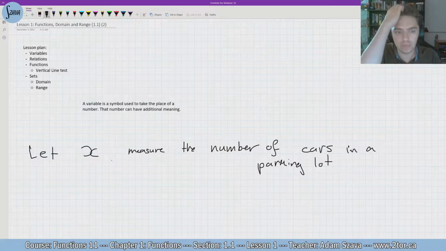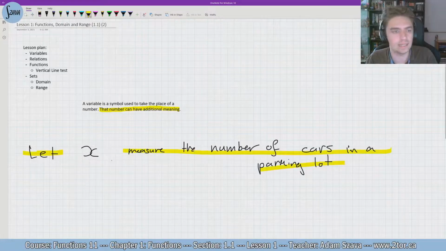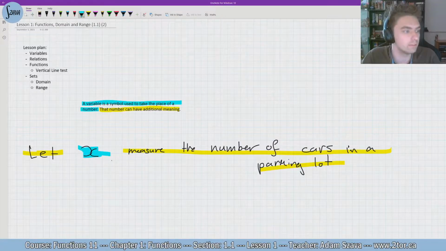So usually in math, we like to just think of it as a symbol, right? That replaces a number, or that takes the place of a number that we don't know. But in any practical way of using math, you give that number additional meaning, right? So the giving additional meaning part is that, and the symbol used to take the place of a number is that, right? So just the symbol itself is just a number.